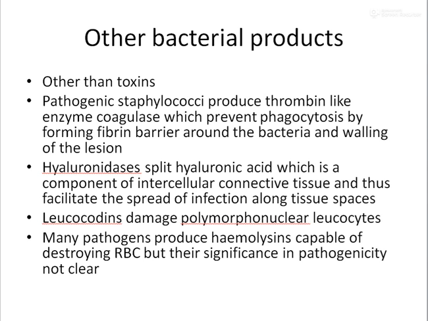As a result, the immunity of the person gets reduced. Many pathogens produce hemolysins, which are capable of destroying the RBCs, but their significance in pathogenicity is not exactly clear. Certain other organisms like staphylococci produce thrombin-like enzymes, coagulases, which prevent phagocytosis by forming a fibrin barrier around the bacteria and walling off the lesions caused by the pathogen.